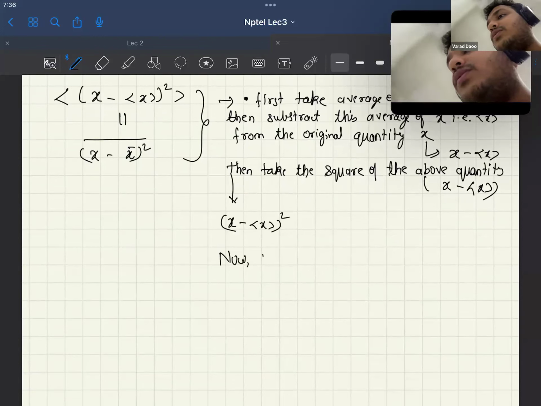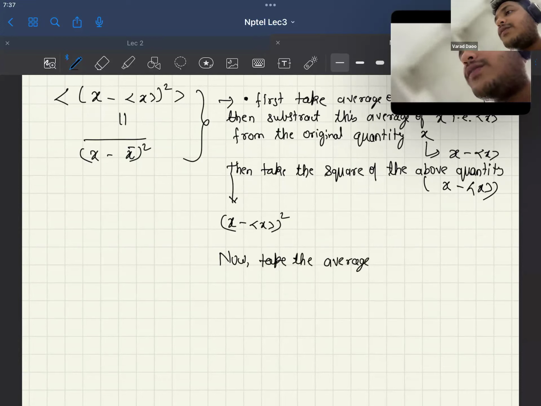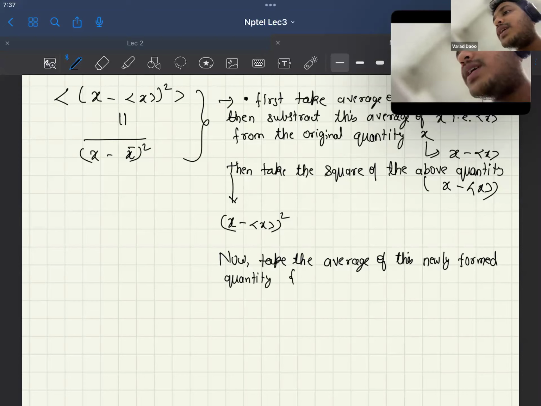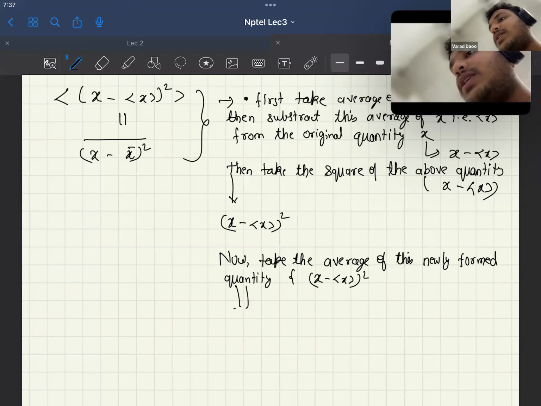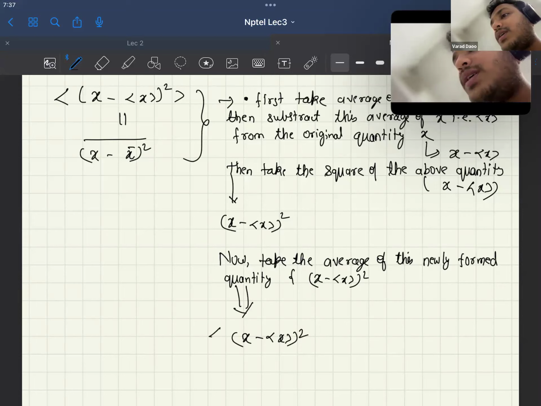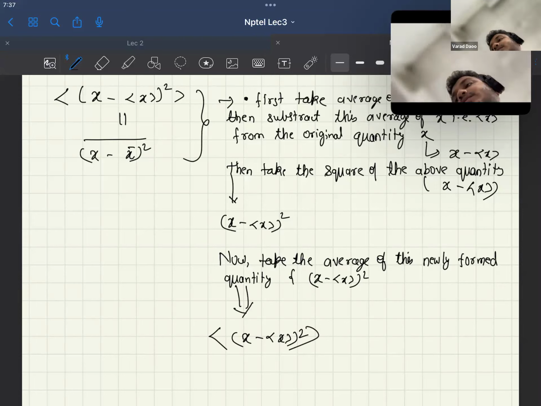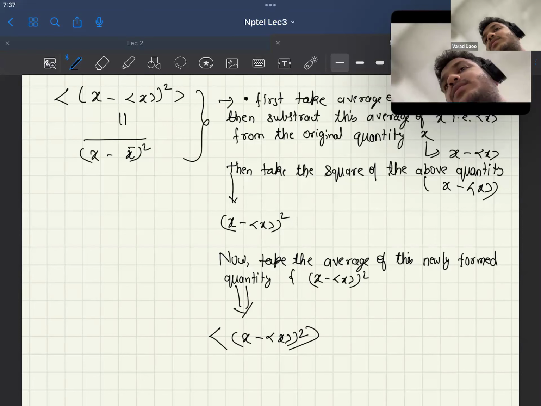Now take the average of this newly formed quantity. So this is nothing but the average of (x minus average of x) squared. I hope this is clear to everyone.